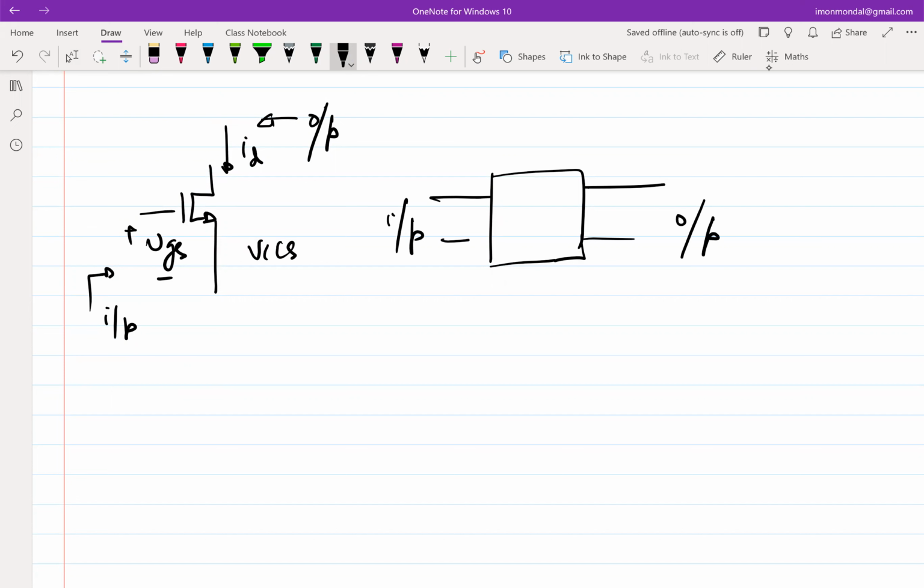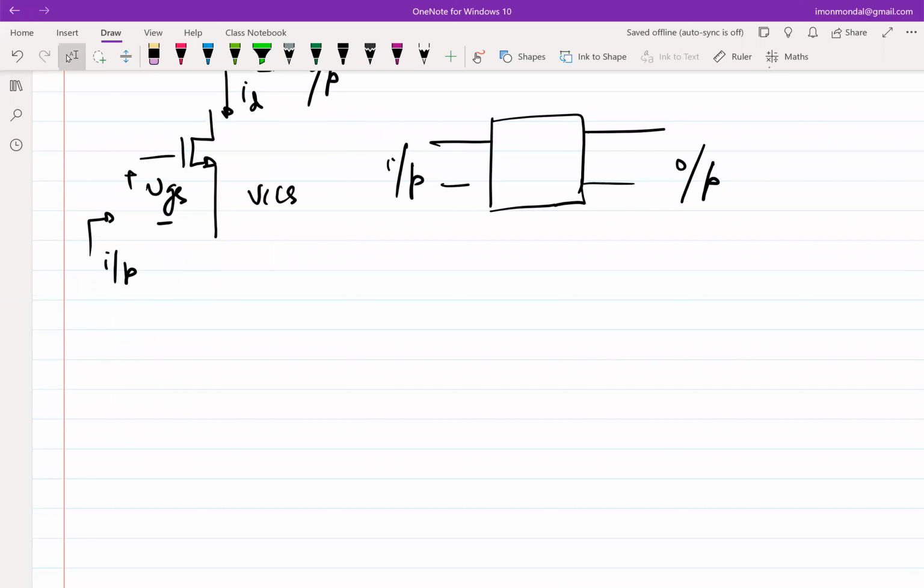In other words, when I say that it's voltage controlled, let's say I have a VCVS, and I have an input and I have an output.